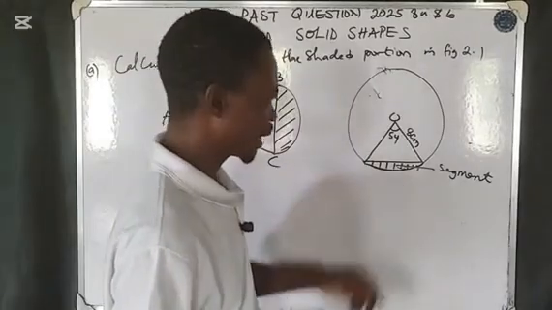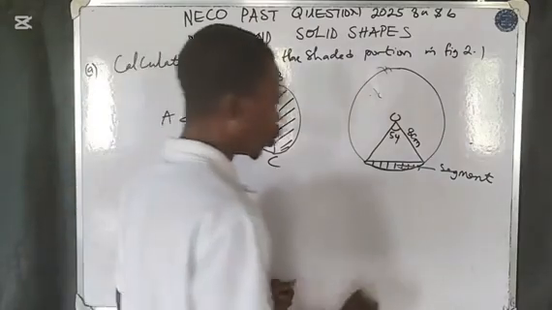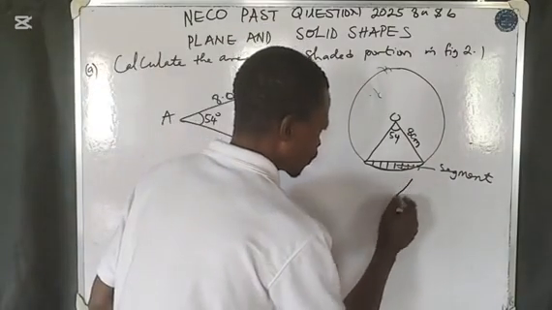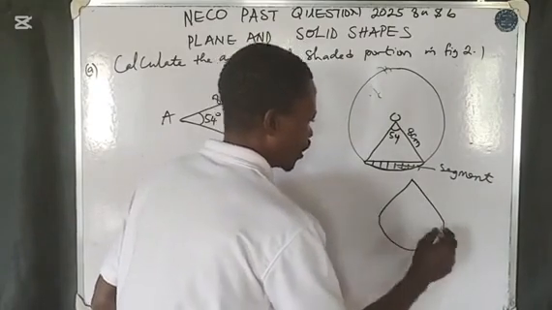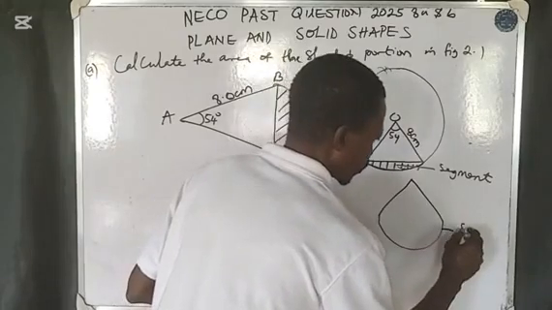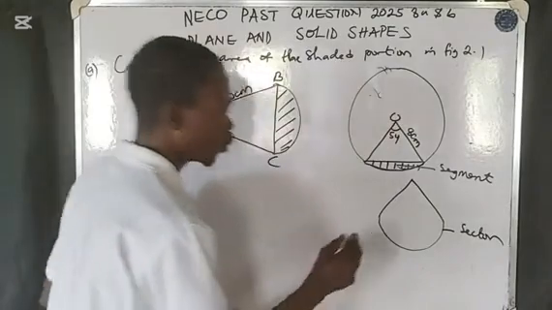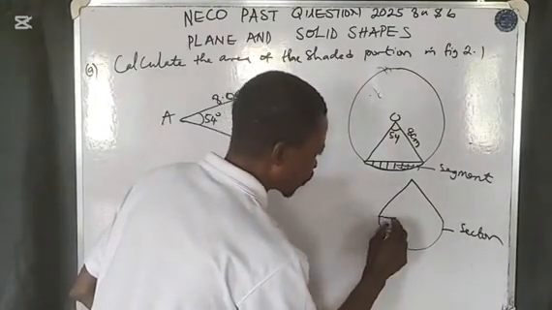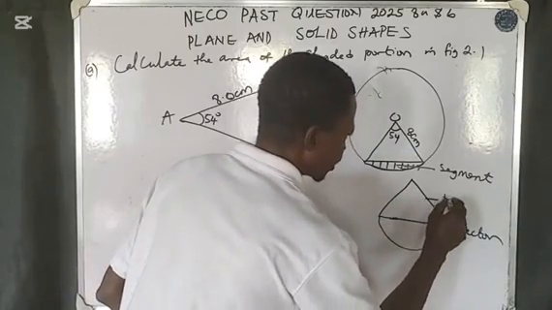This cone is what they call a sector. But inside the cone, we can get a triangle.